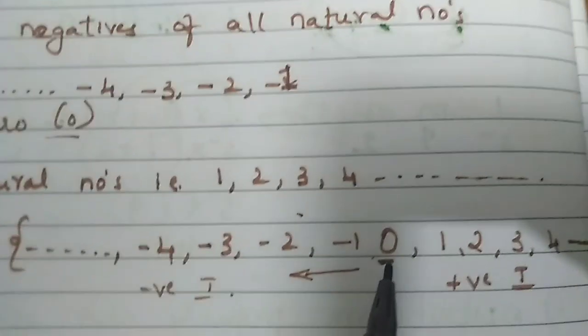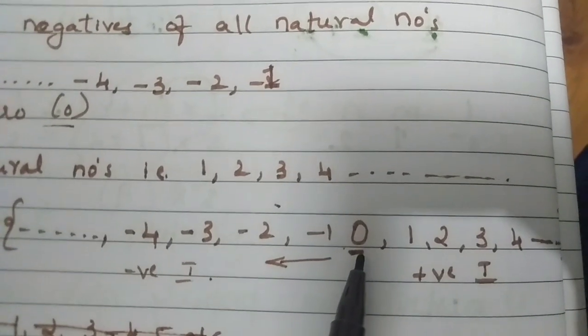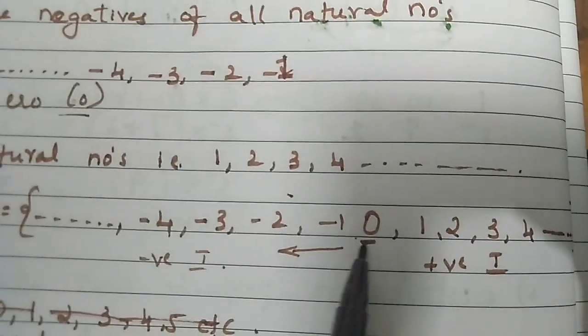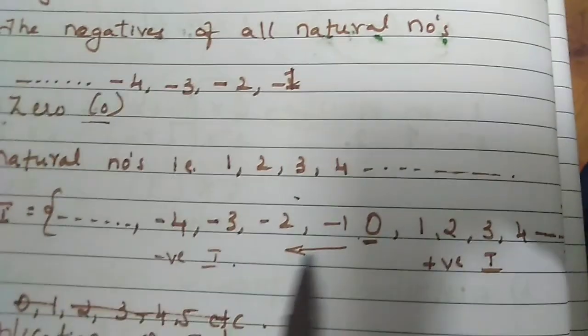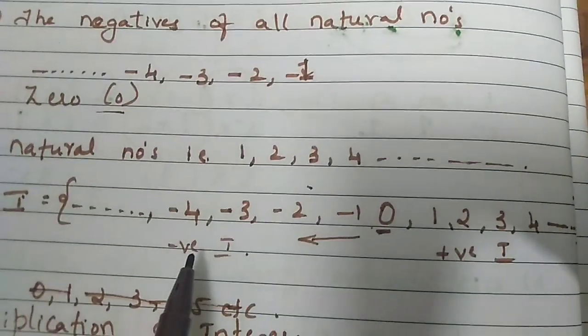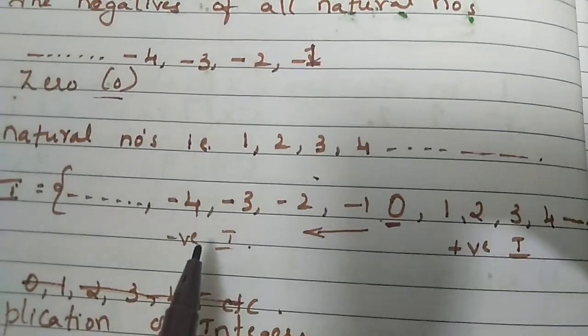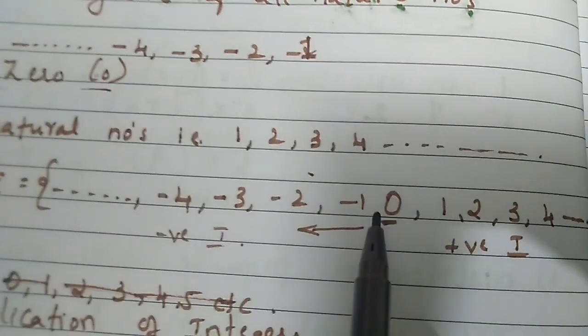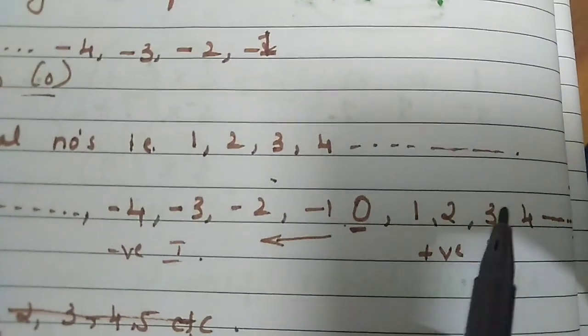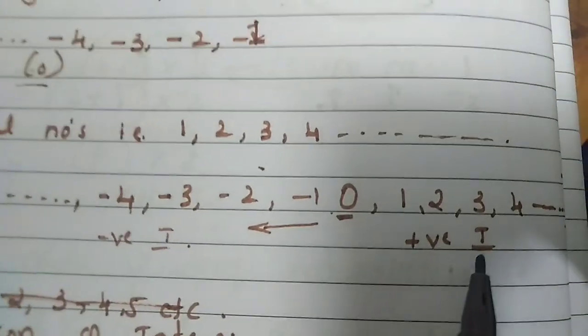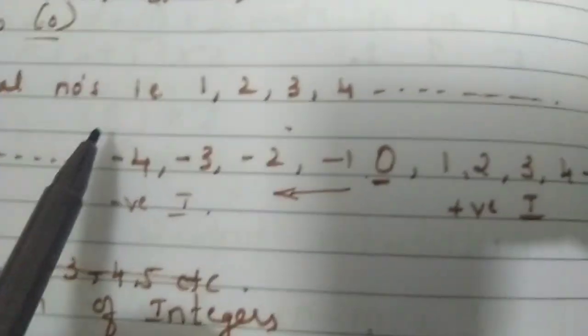So 0 comes in between, and all the natural numbers towards the left side of the 0 indicate the negative integers, and all the natural numbers towards the right side of the 0 indicate positive integers. So we could say the integers consist of all the positive natural numbers, a 0, and all the negative natural numbers.